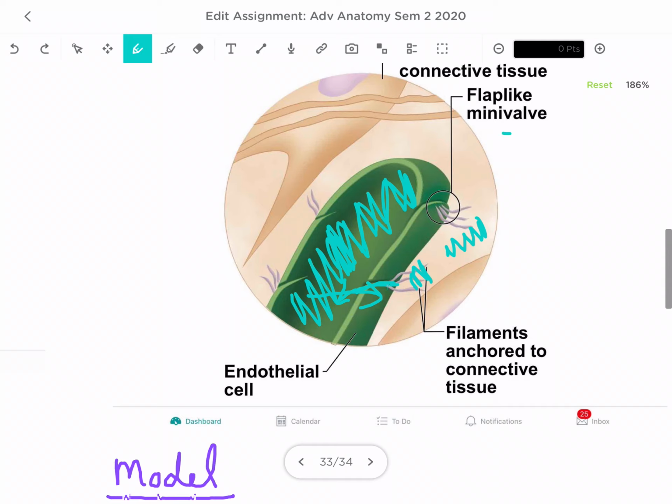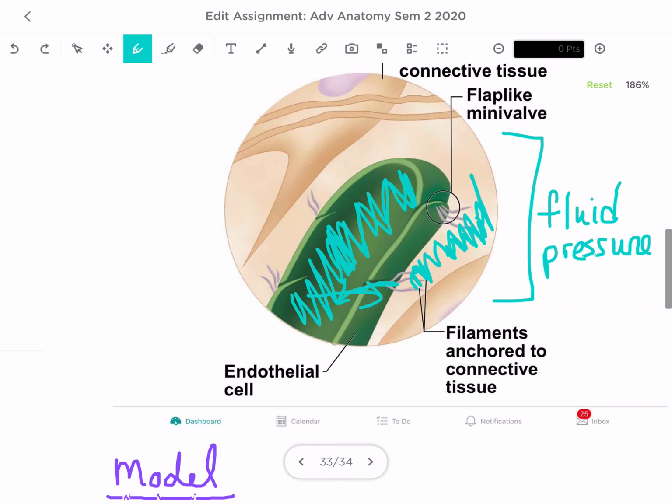This whole thing depends on fluid pressure, and where there's more pressure. If there's more pressure out here, it pushes this valve in, and the fluid flows in here. And once the pressure builds up in here, it pushes that valve back closed, and the fluid gets stuck in here, and then there's nowhere for it to go but down the vessel.